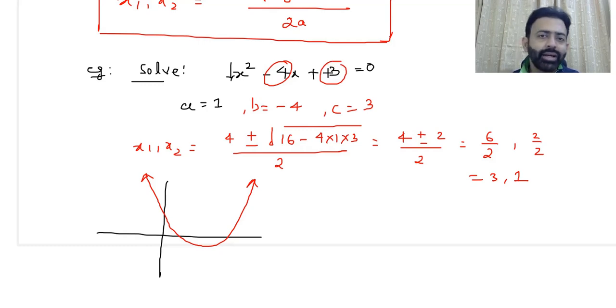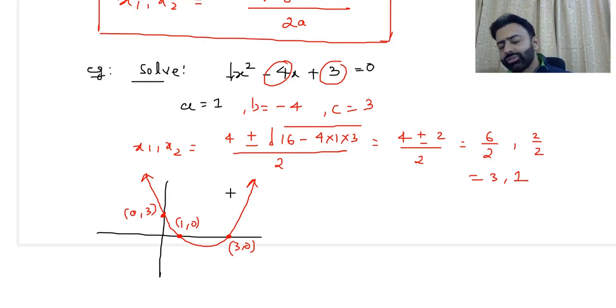It indicates the y-intercept. So this value is 3. So we have a coordinate on the y-axis which is 0 comma 3. This value is 1 comma 0, the first root, and the second root is 3, so this is 3 comma 0. This is how you can sketch any curve if you know the roots of the curve and the equation of the curve also, right?